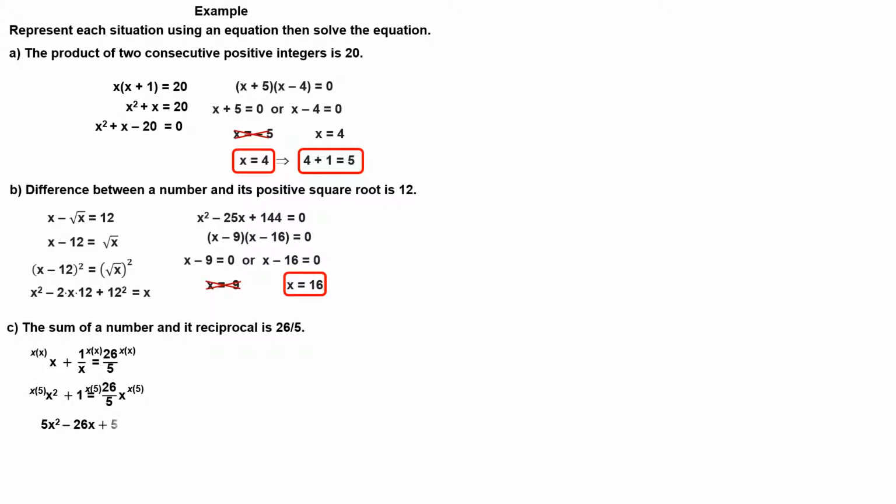Let's solve this equation by splitting the middle term. Therefore, the numbers are 5 and 1 over 5.